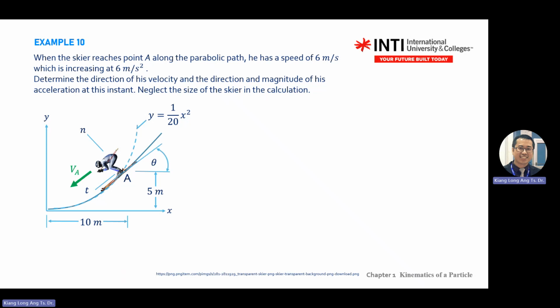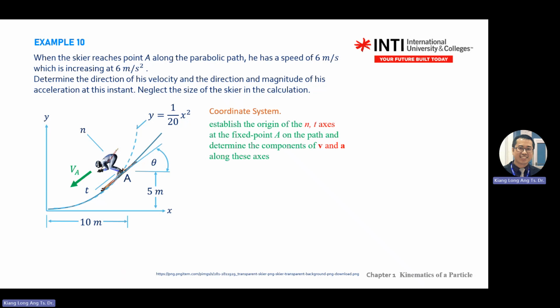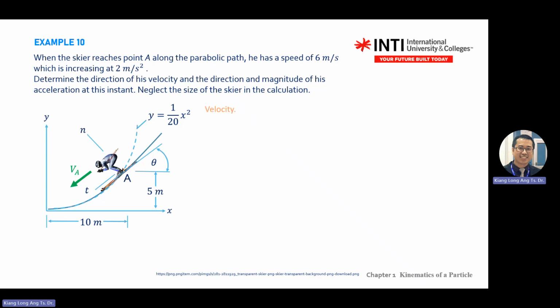So there's an angle there. This angle is between the tangent and the horizontal axis, which means your ground. The T and the ground have an angle there. Coordinate system, we already done. Velocity, you already done.